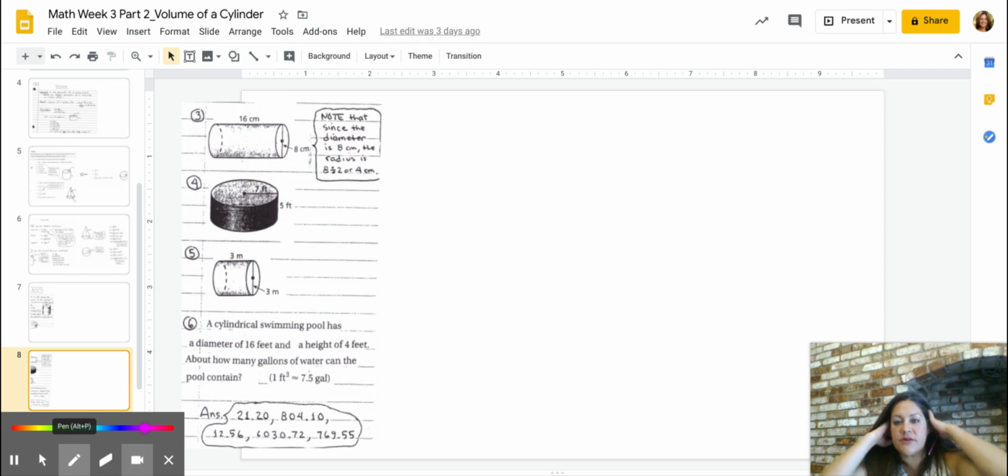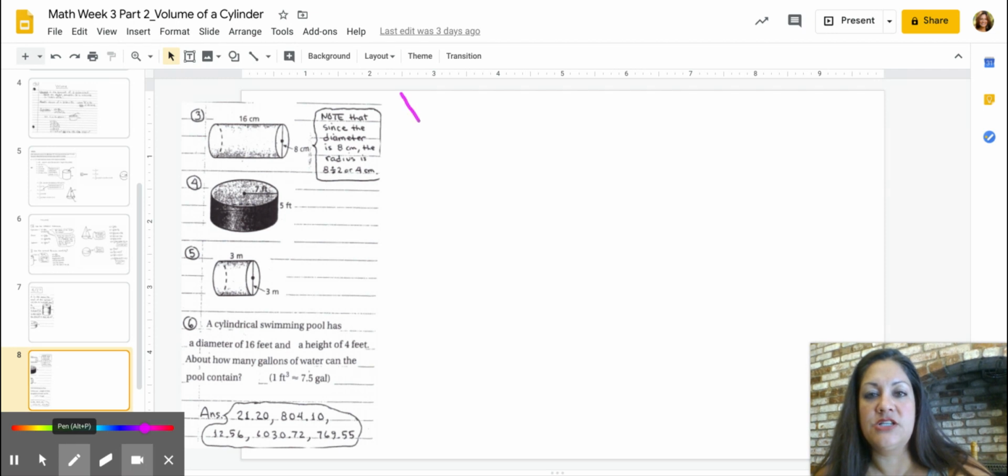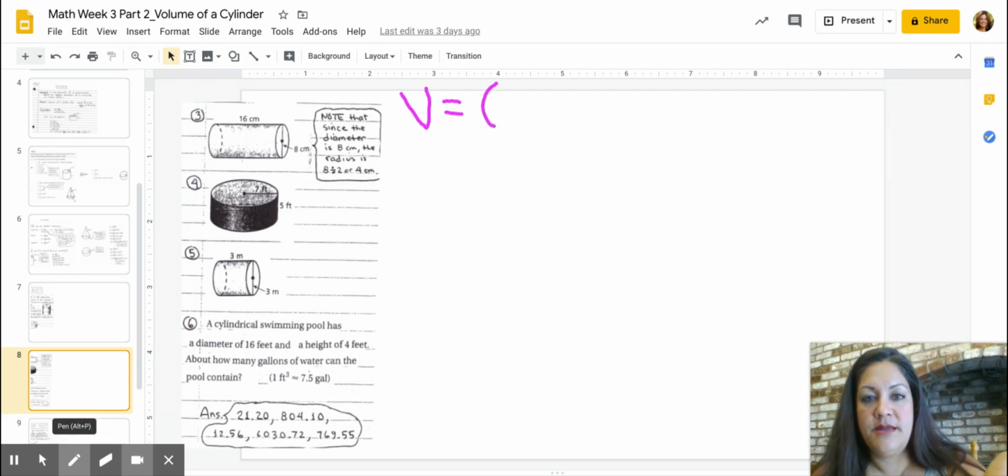Okay, number 6. A cylindrical swimming pool has a diameter of 16 feet and a height of 4 feet. About how many gallons of water can the pool contain? Okay, so we have 1 foot cubed is about 7.5 gallons. So we need to see how much volume the pool can hold first. Let's do our formula.